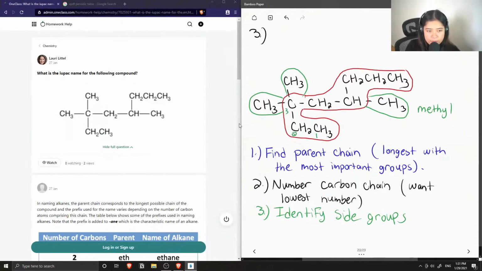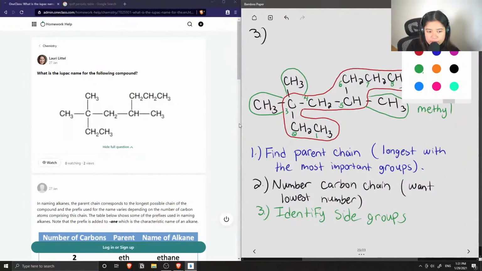Notice that 2 of my methyl groups are on carbon 3 if I start counting from the bottom, but if I start counting from the top, this would be carbon 6. So if I start counting from the bottom, and this is now carbon 3, then when I name my compound, I'll have the lowest number possible. So I know I need to start numbering from the bottom. Okay, so that was step 2 and 3.